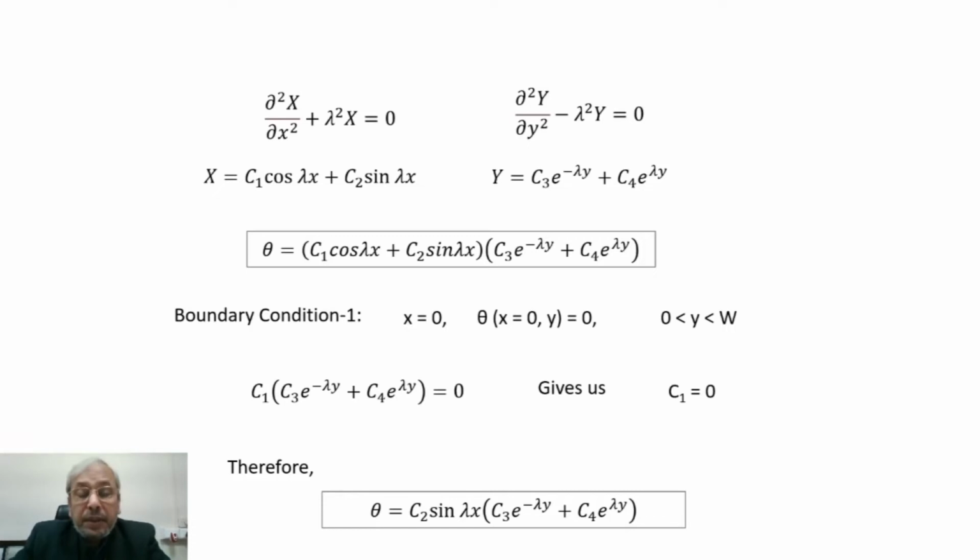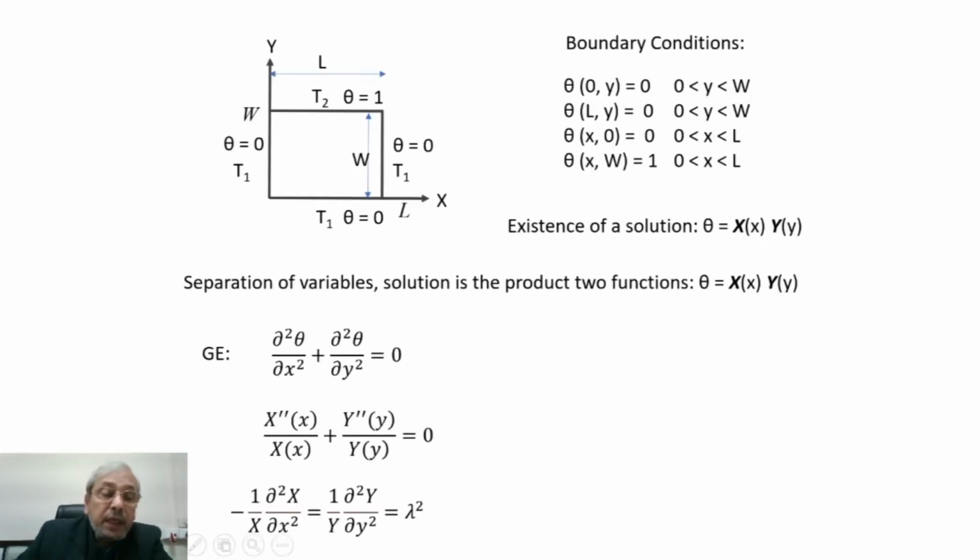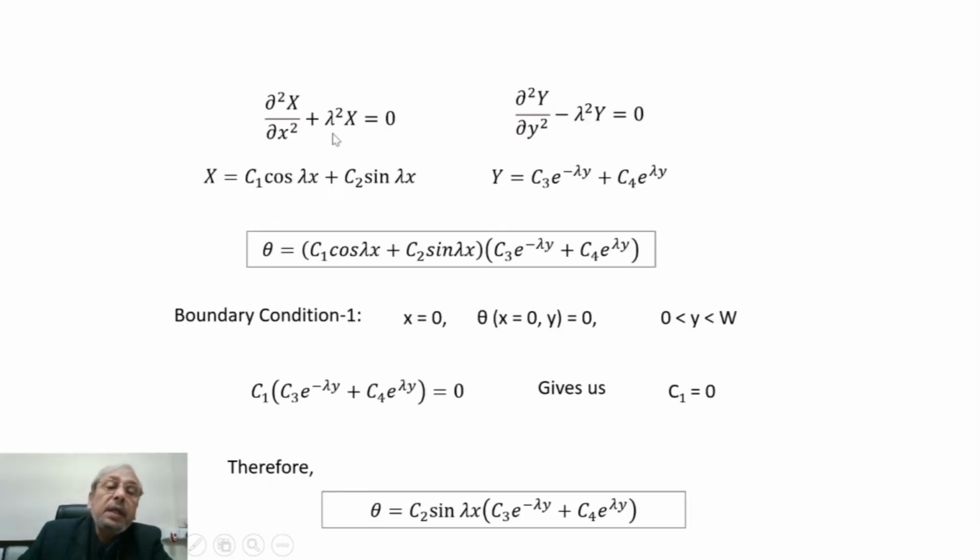Lambda is the separation constant. So we can equate the part which is the x derivative equal to lambda square and the part which is the y derivative equal to lambda square. So exactly we have done that: d2X dx2 plus lambda square X equal to 0, and d2Y dy2 minus lambda square Y equal to 0.